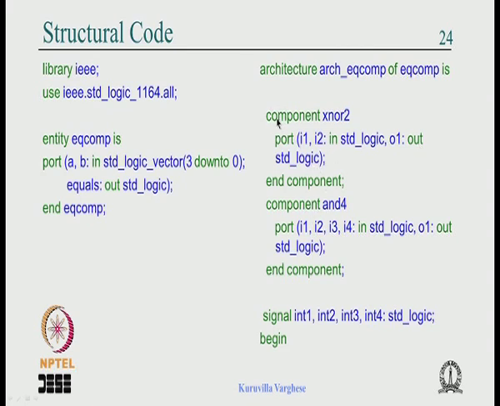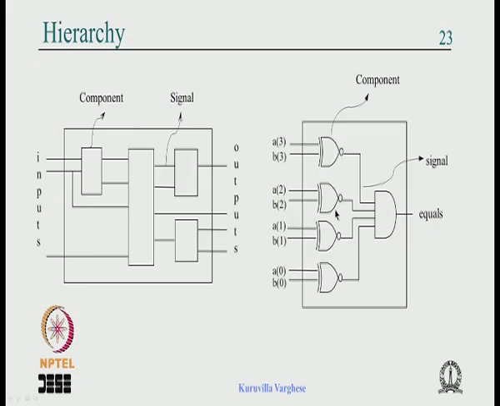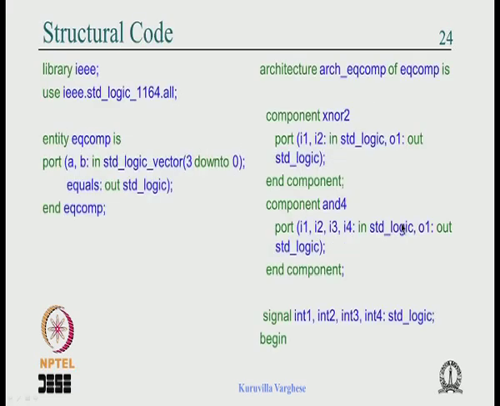And you see normally in an entity there is an is syntax, but for some reason VHDL does not have is after the component name, so do not write is, it will give an error. And here the AND gate is declared, so component AND 4 which has 4 inputs and 1 output. So the port I1, I2, I3, I4 in standard logic, O1 is out standard logic.